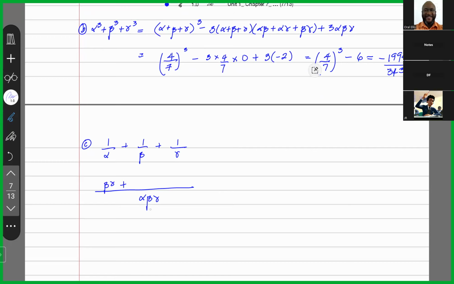Beta into alpha beta gamma is alpha gamma times 1, so you have alpha gamma. Gamma into alpha beta gamma is alpha beta times 1, so this is alpha beta. So the numerator is actually equal to 0. The denominator is actually not zero. It doesn't matter. 1 over alpha plus 1 over beta plus 1 over gamma is equal to 0.